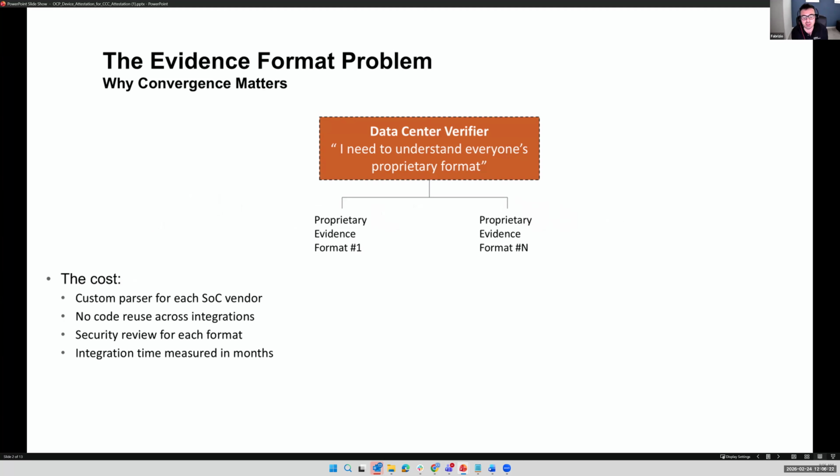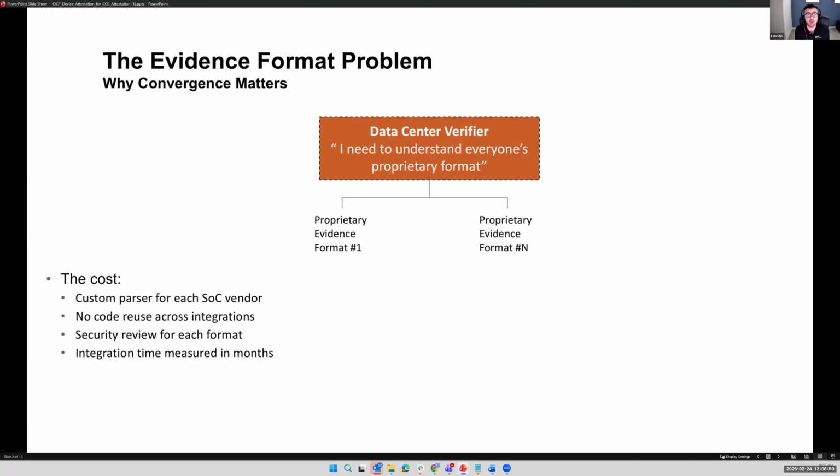At OCP, we believe in standardization, format, and interoperability, and we wanted to find a way for the data center verifier to solve the problem that exists right now in the industry. Everyone has their own proprietary format for attestation, and the data center verifier needs to understand different formats.